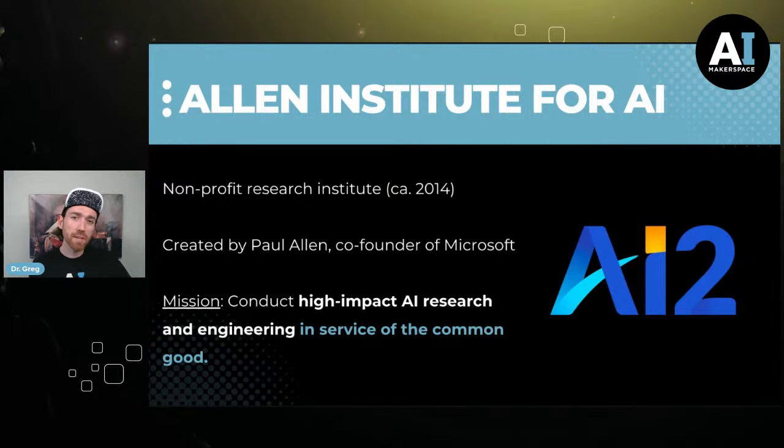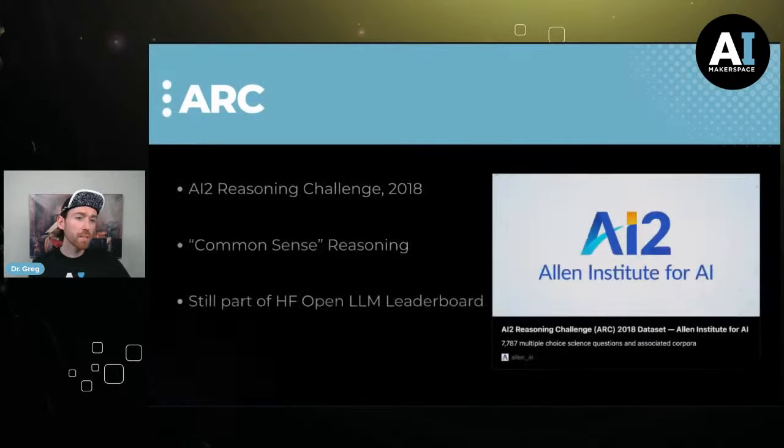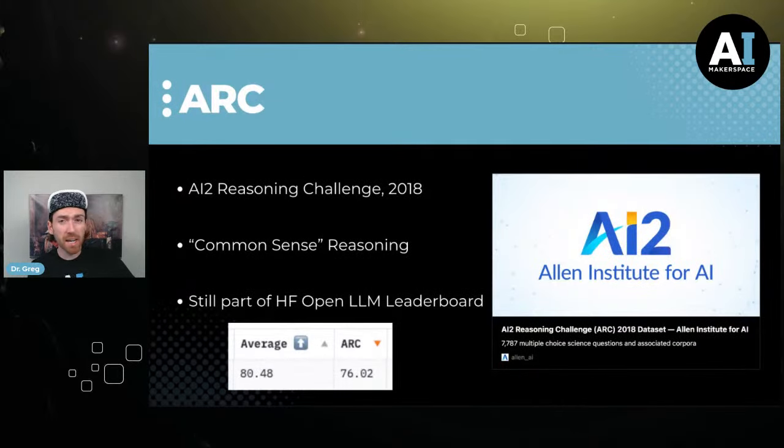You may have heard of them from different benchmark data sets they created. For instance, one that's really stood the test of time is the ARC data set, also known as the AI2 Reasoning Challenge. This is all about common sense reasoning. It's a collection of about 8,000 grade school level multiple choice science questions.